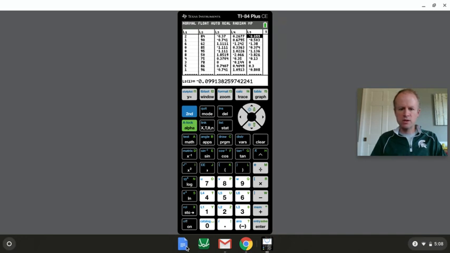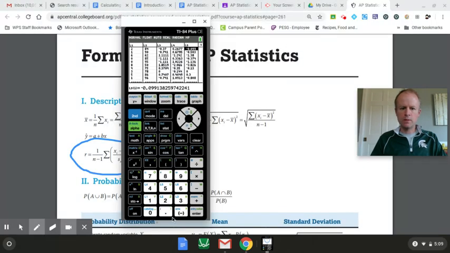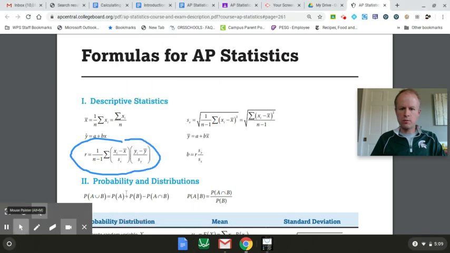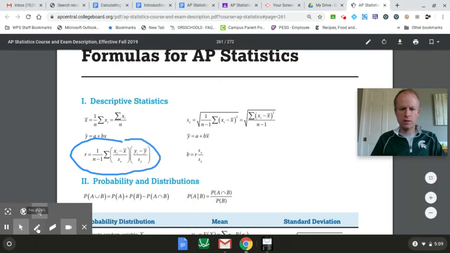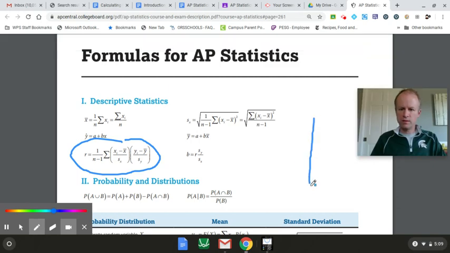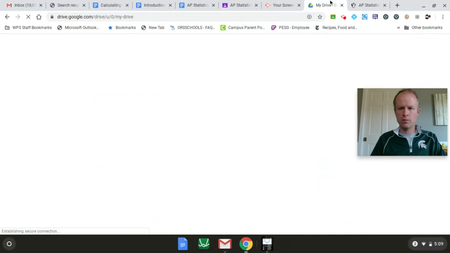And just a quick visual of what this is doing. If I were to think about any graph, I'm going to make a quick sketch of the z-scores. Actually, even better, I'm going to go back to the document that we just looked at with the scores that we had. I'm giving my Chromebook all the work it can handle.